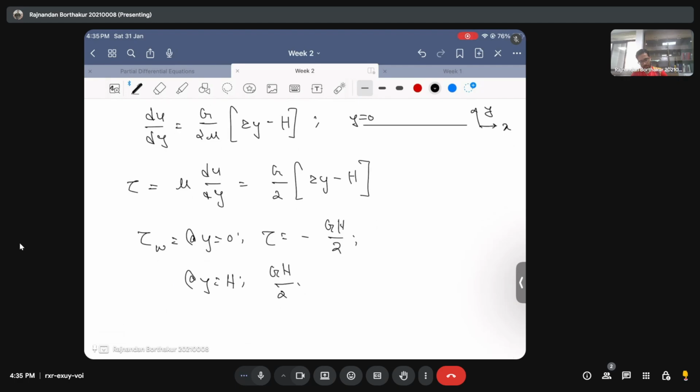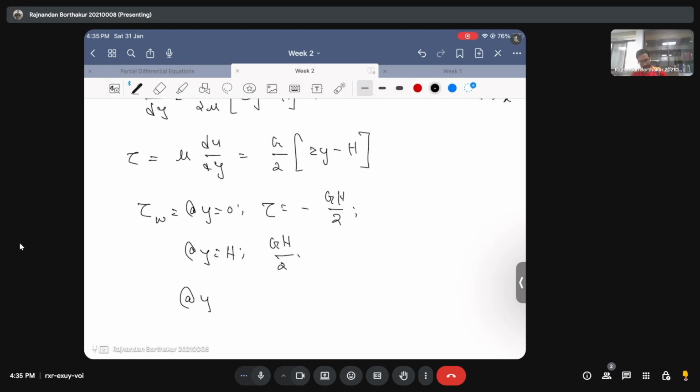Okay, then you can see that at the mid plane, that is at y equal to h by 2, your tau basically comes out to be equal to 0.